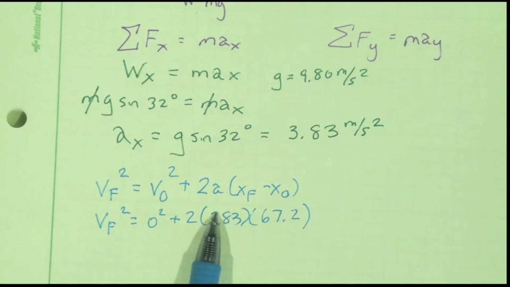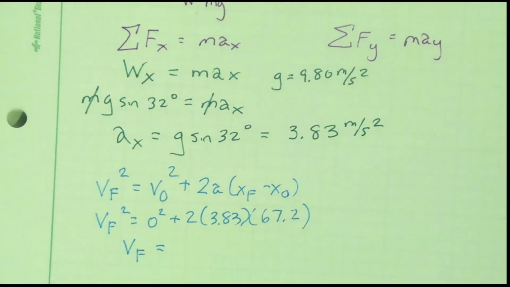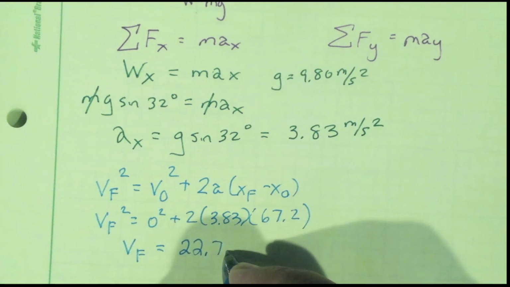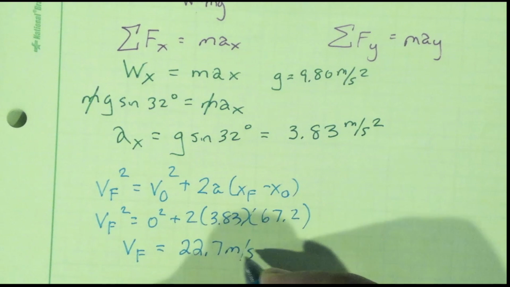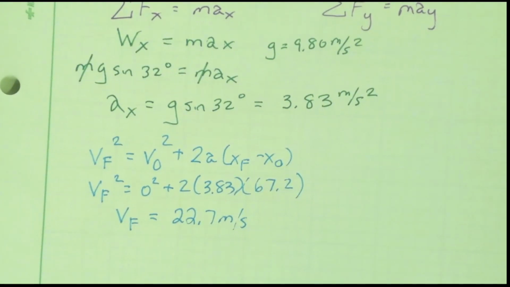All right, and we multiply all this out, take the square root, and that gives us a final velocity of 22.7 meters per second. To 3 significant figures, which is the number of significant figures in this problem. So that tells us she has a velocity of 22.7 meters per second at the bottom of the slope.